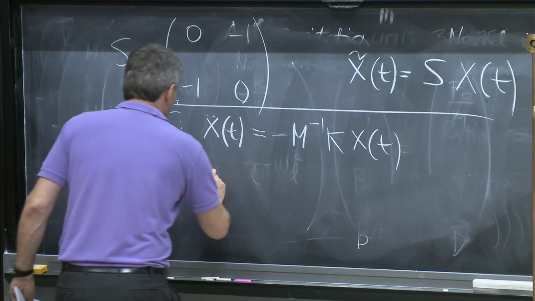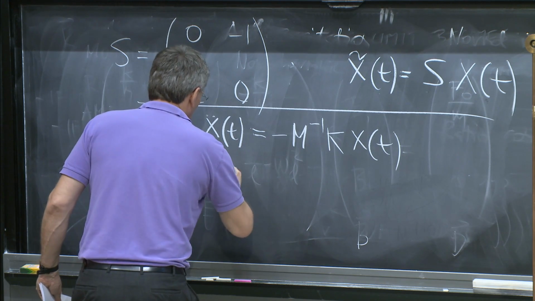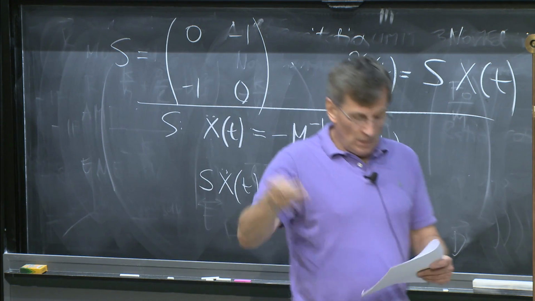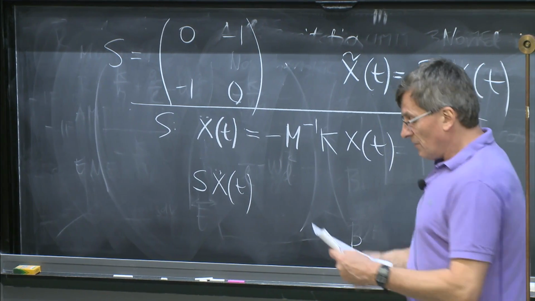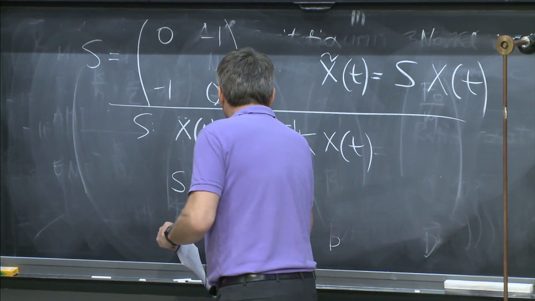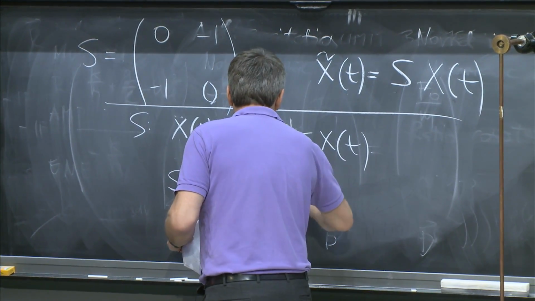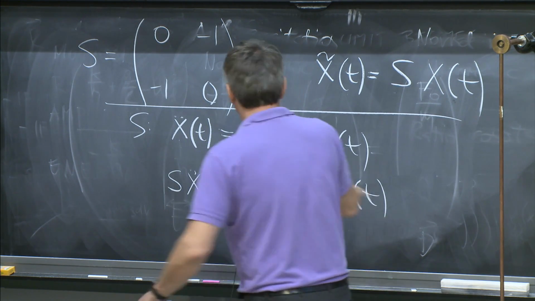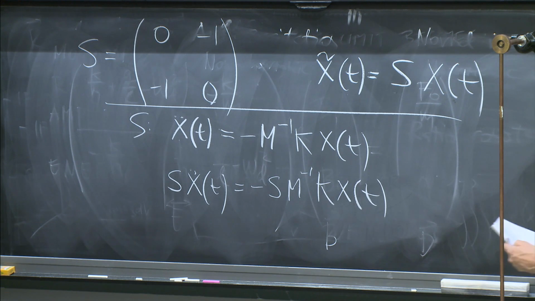So I get S x double dot of t. And of course, S is a fixed matrix, so it survives differentiation. And this is equal to minus S m minus 1 k x of t. Just multiply both sides by S.